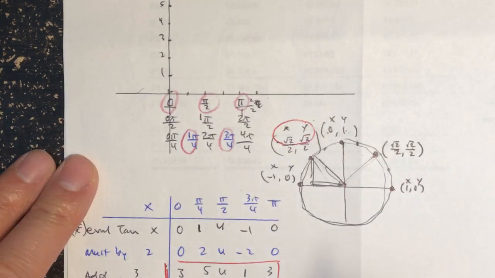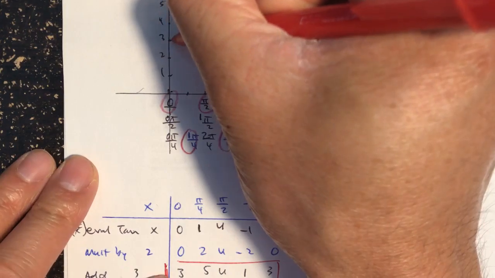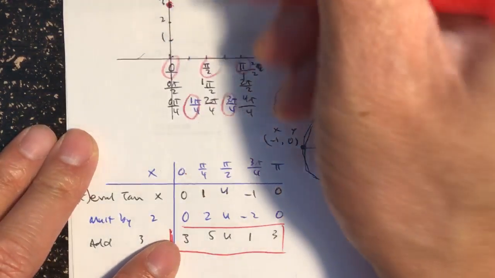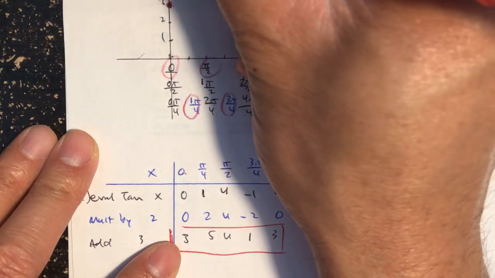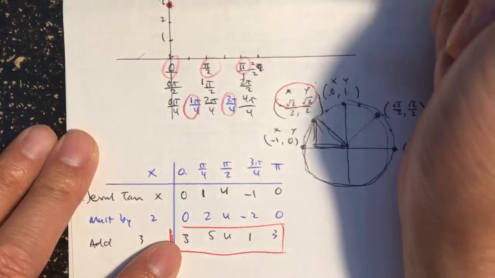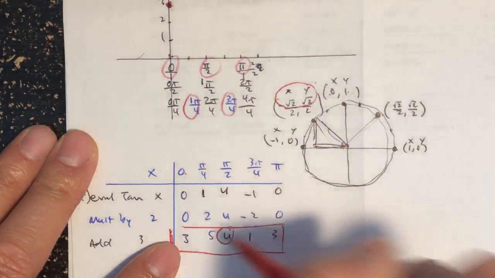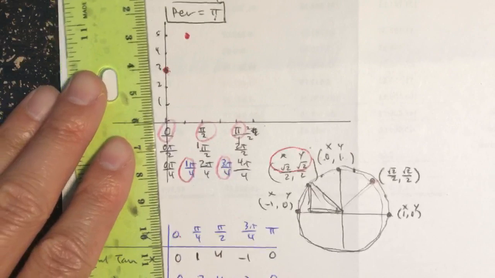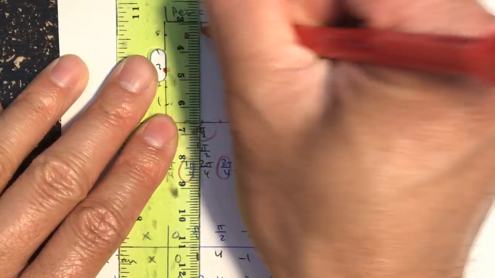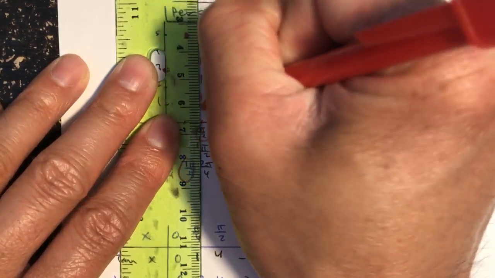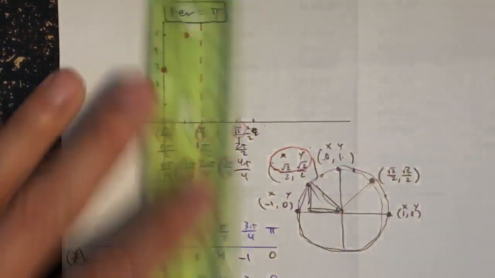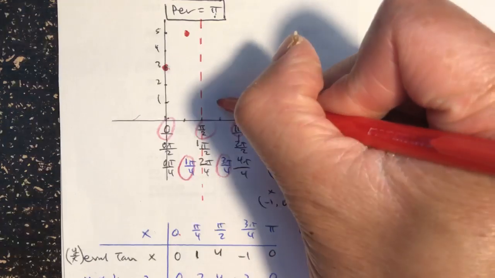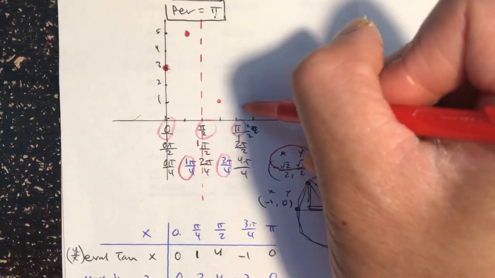At 0, 3 is my ordered pair. At pi over 4, 5. Pi over 2 is undefined, so that is my asymptote. Three pi over 4 is 1, and then at pi, it is 3.